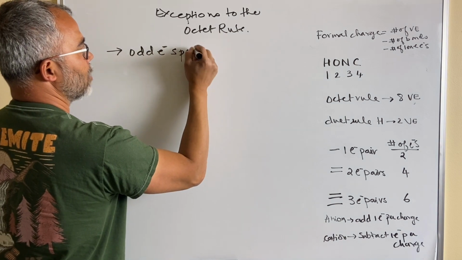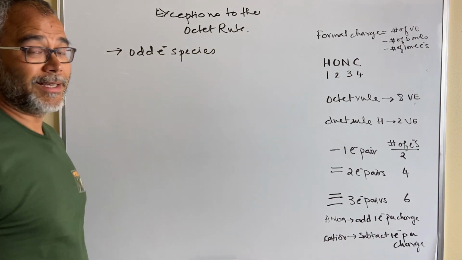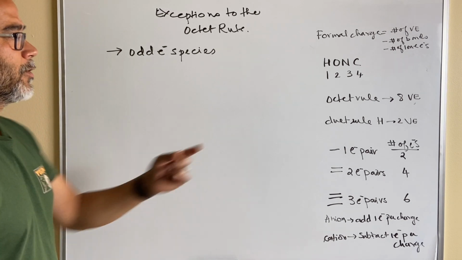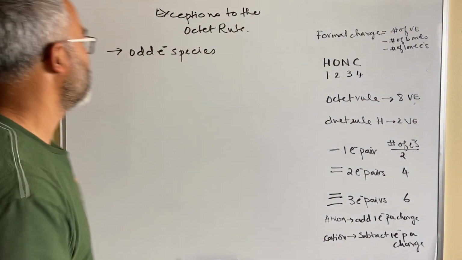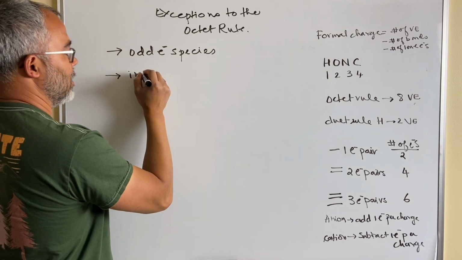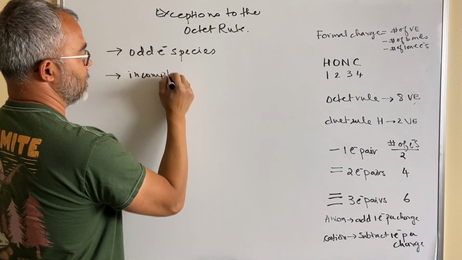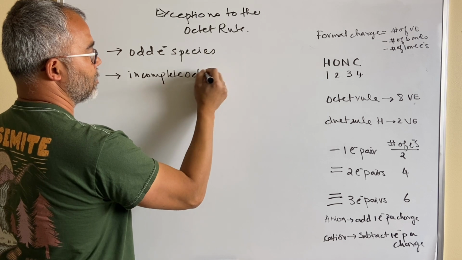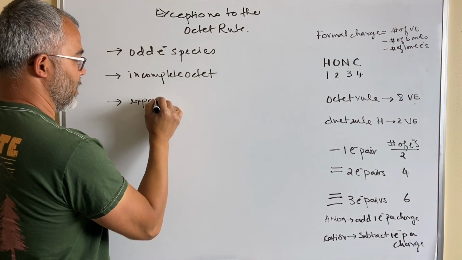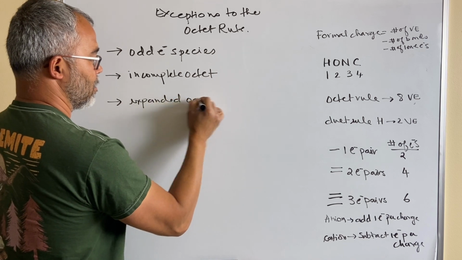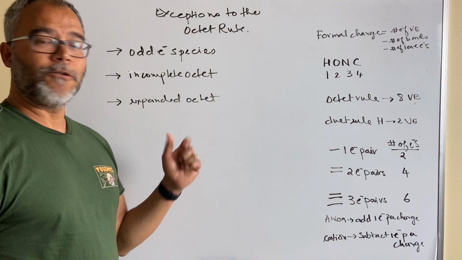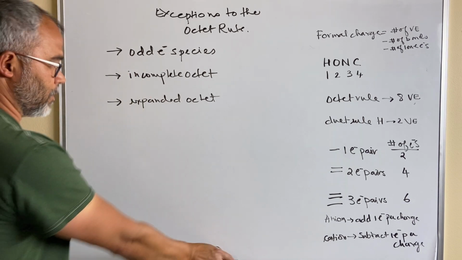The species here inherently has an odd number of electrons, so you can't get to 8, that's an even number. The other exception is something called an incomplete octet. And the third one is the case of an expanded octet.